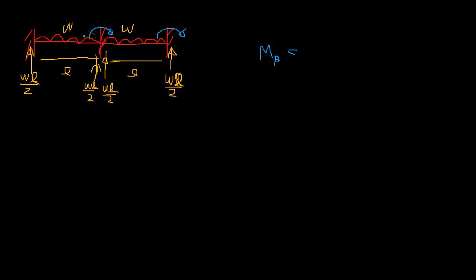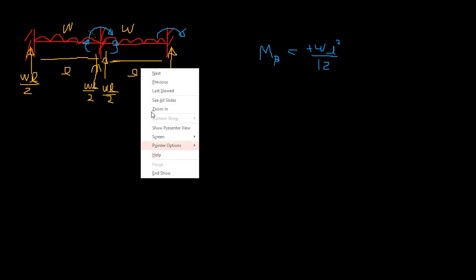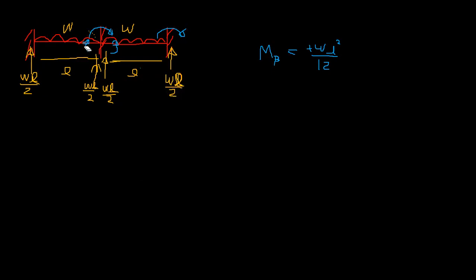So it was plus WL squared over 12. From here, it has a minus contribution. For this beam, it had this bending moment, something like this, right? So this arrow shows the total of that.